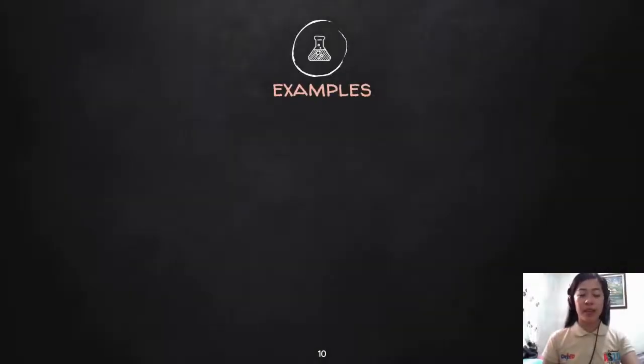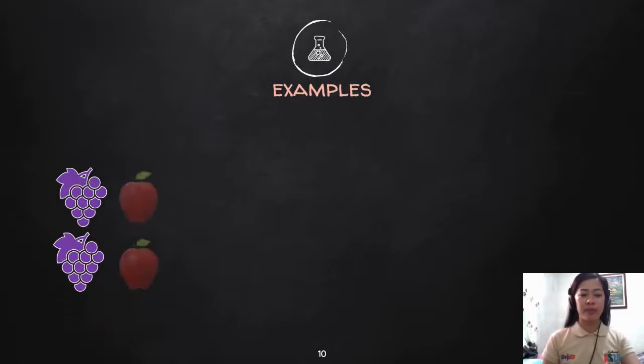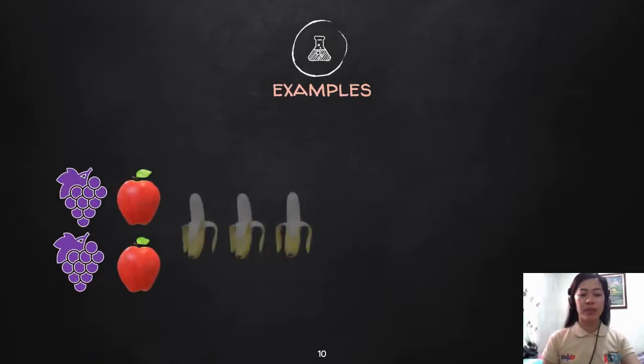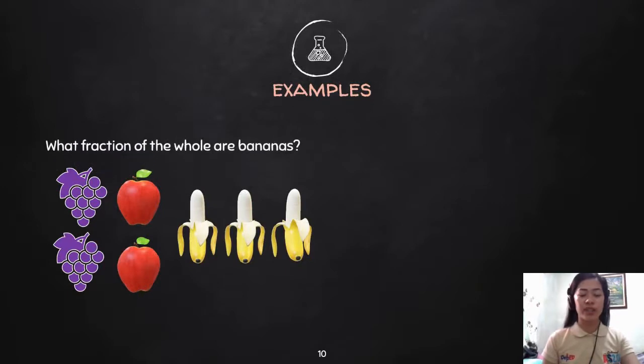Let's have more examples to make the point clear. We have grapes, 2 grapes, 2 apples, and 3 bananas. The question is, what fraction of the whole are bananas? Here we have 3 bananas and the total number of fruits is 7, therefore it's 3/7.